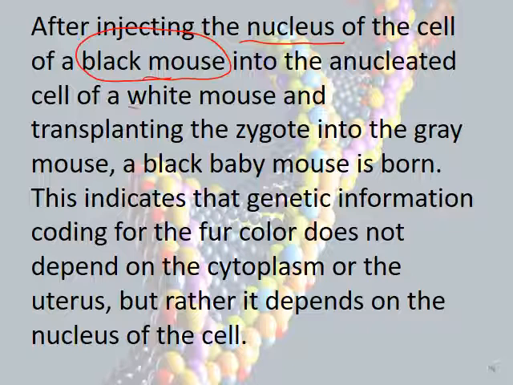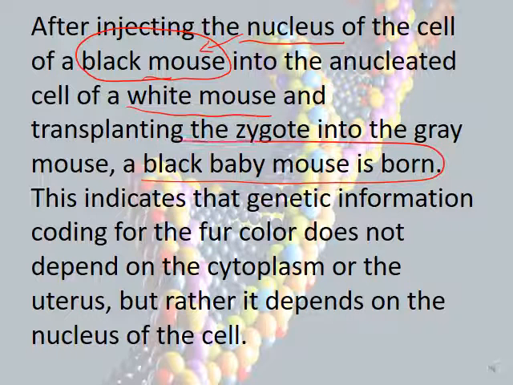It is an anucleated cell of a white mouse. We inject the nucleus from the black one, and we transplant the zygote that is formed into the gray mouse. The result was that a black baby mouse is born.